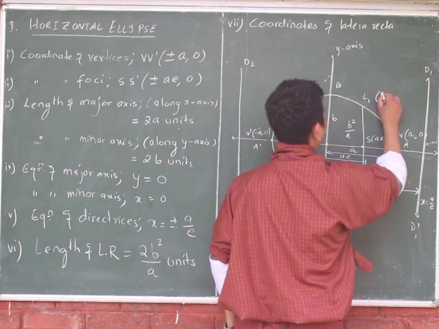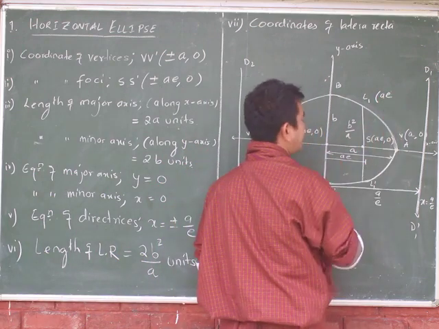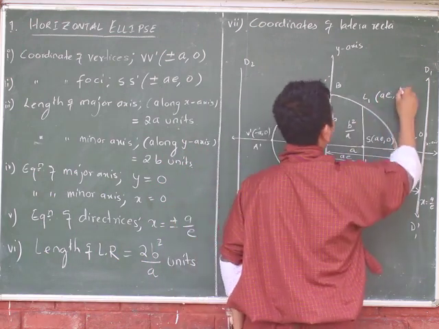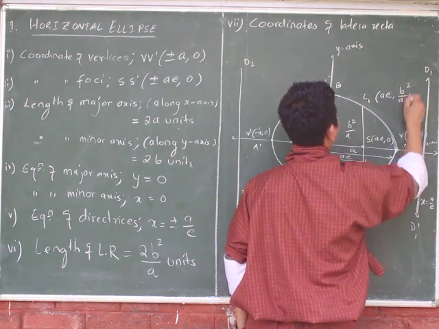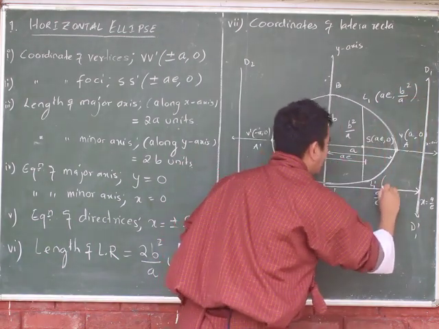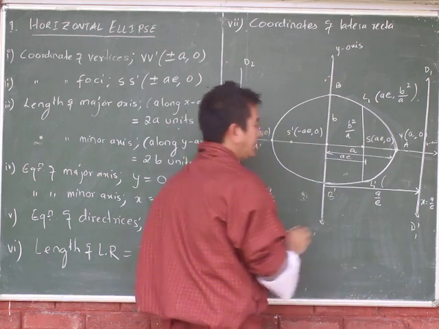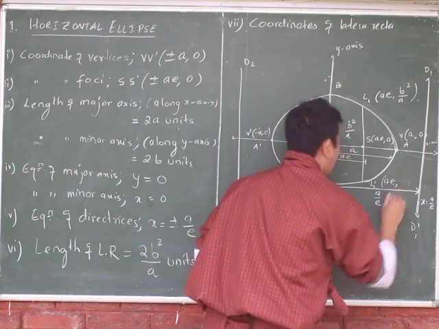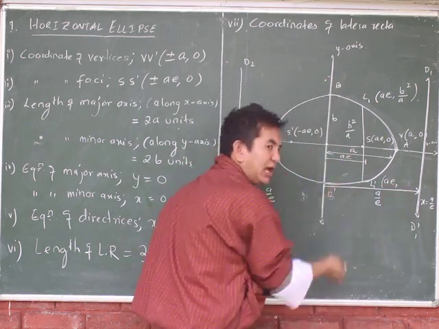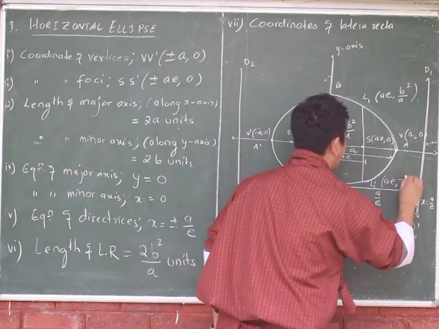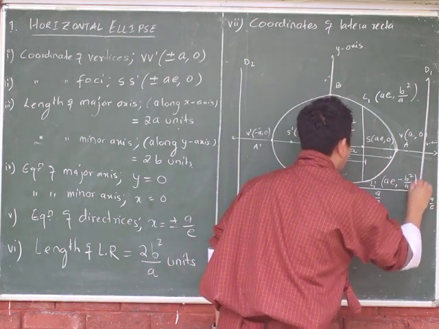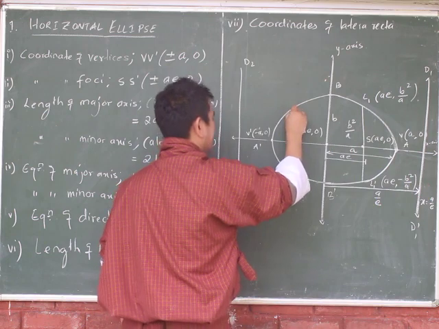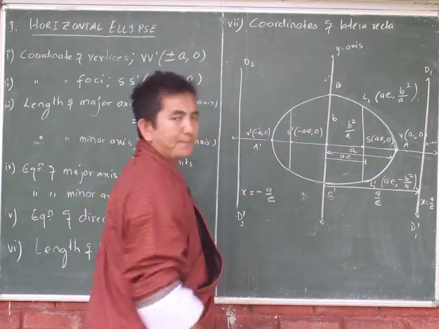So this point will be ae, this is the x value, and what's the y value? b square by a. Similarly, L1 dash, what's the x coordinate? It is ae. But what about the y quadrant? It is in the negative quadrant. So this becomes negative b square by a. Similarly, this side, another latus rectum is there.